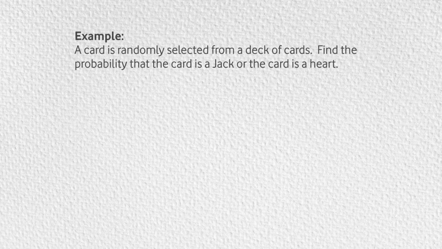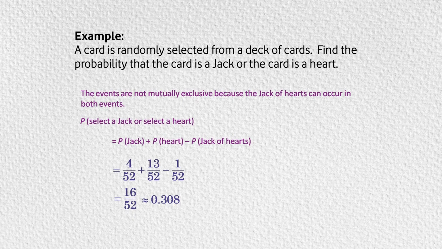So what we have observed is that the addition rule focuses on the additive aspects. If you take one more example, I think it can give us a clearer view. A card is randomly selected from a deck of cards, and we have to find the probability that the card is a jack or the card is a heart.